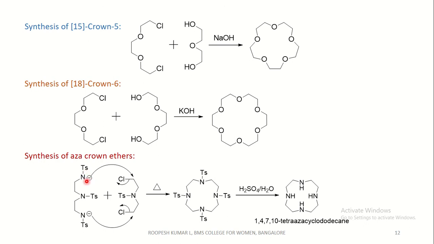After reacting with a base, which I haven't shown here, N minus is formed, and this N minus attacks this carbon, with the elimination of chloride ion to form the corresponding ring structure. This, on reaction with acidified water, the tosyl group is eliminated since it is a very good leaving group, to form the corresponding aza crown ether.